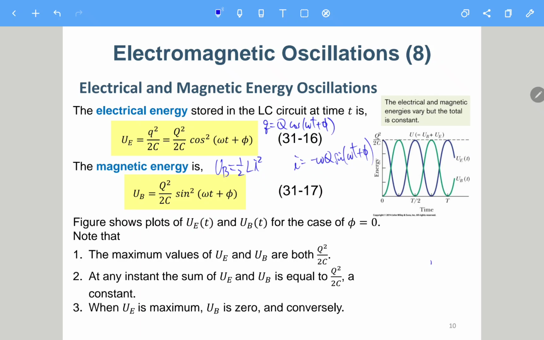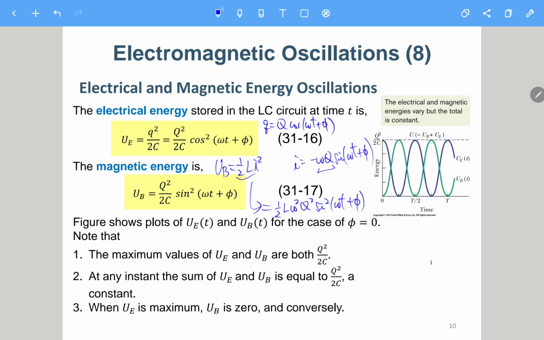So we will have 1/2 L i squared, and i squared is this one, so we have 1/2 L omega squared Q squared, and then sine squared of omega t plus phi.